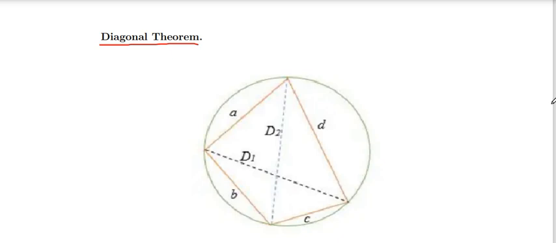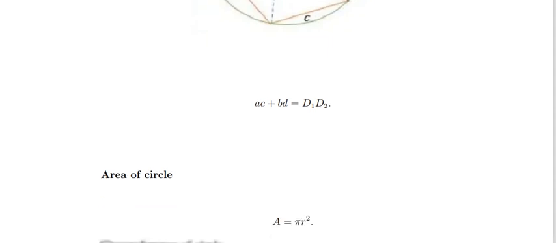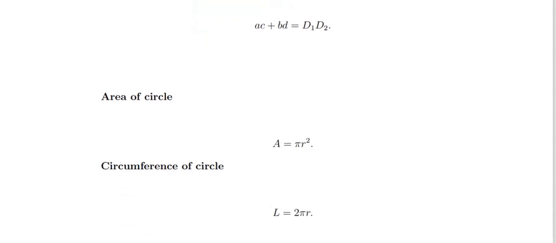So now let's check some problems. At first, we also need to say, for area, we have this formula: pi r square. Suppose this is r.